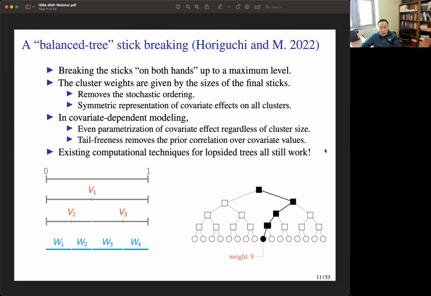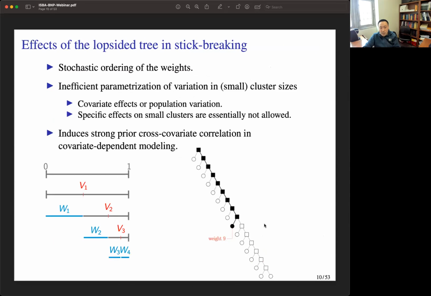So Akira is here. He knows a lot more than I do because he's fitted all those MCMCs. But one common phenomenon that we found is that if you have a lopsided tree like that, then you will have a lot more opportunities for label switching, because you will switch those two labels very easily, since you only need to modify one coefficient or something.